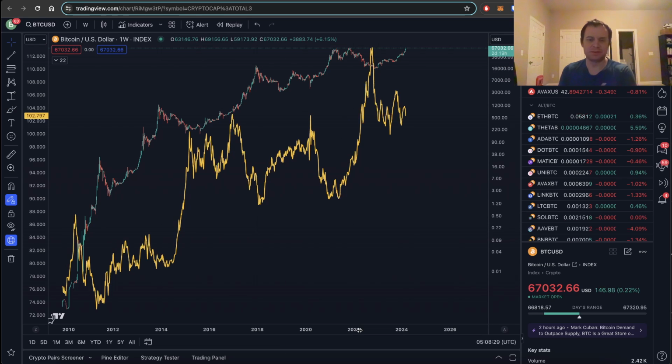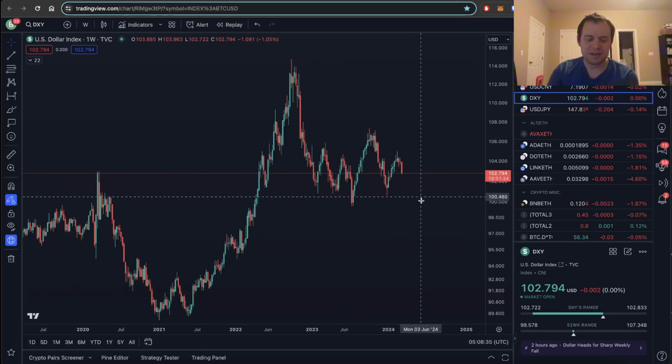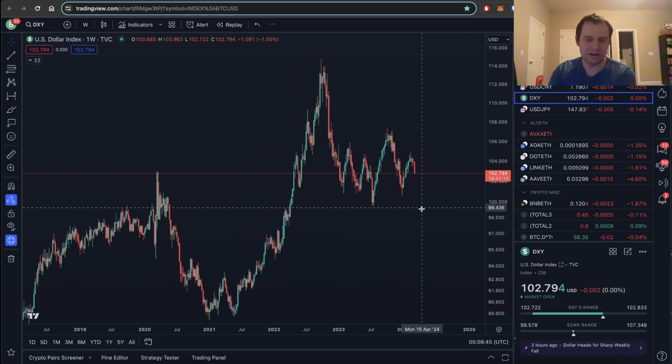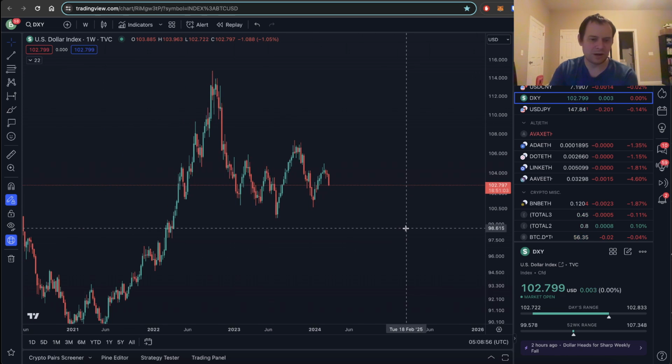But one interesting thing that we've talked about with respect to the dollar is that, and I don't know if it's going to continue, I posted on X a few weeks ago saying that it looks like the dollar is potentially mimicking the Bitcoin dominance accumulation phase a year or two ago.